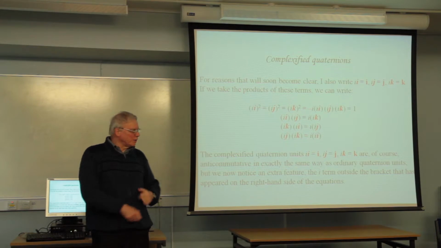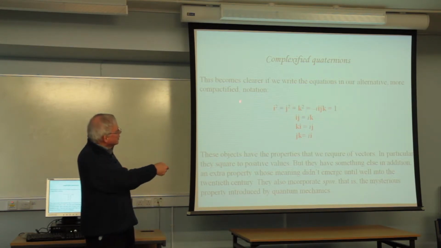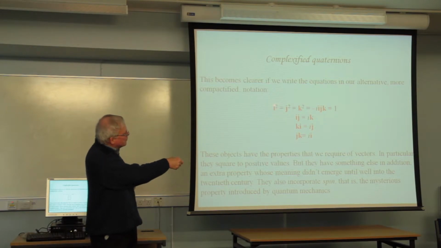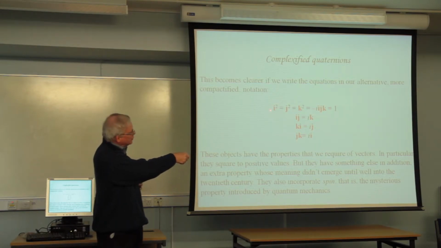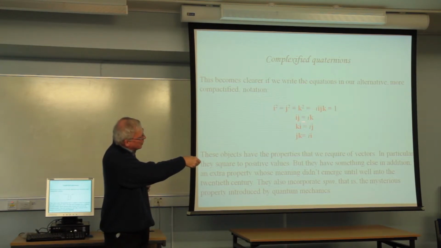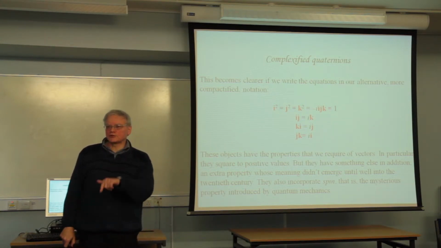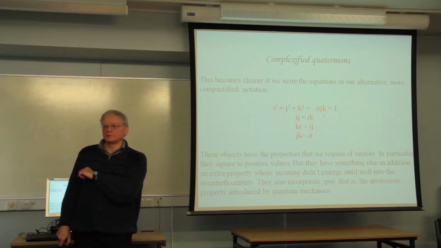I'll have to show you. Keep going. If we write now, these, remember, are complexified quaternions, and so these will square to 1. And you may notice that these have exactly the same algebra as Pauli matrices: sigma x, sigma y equals i sigma z.